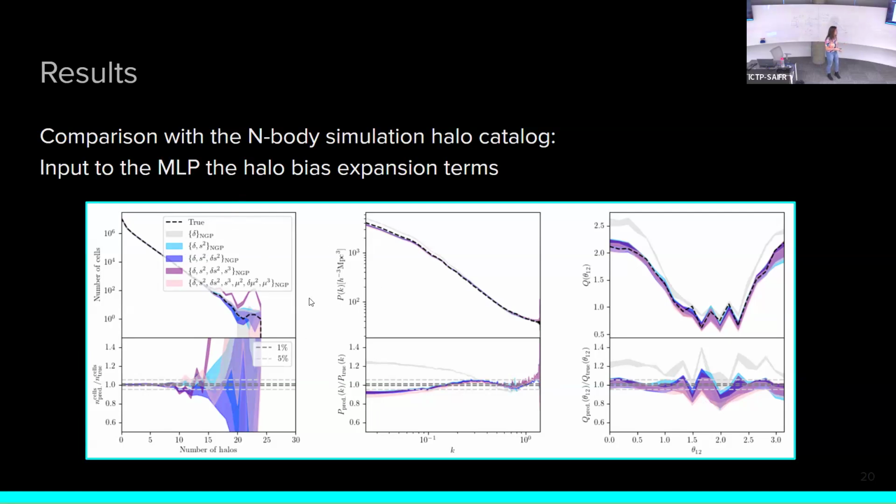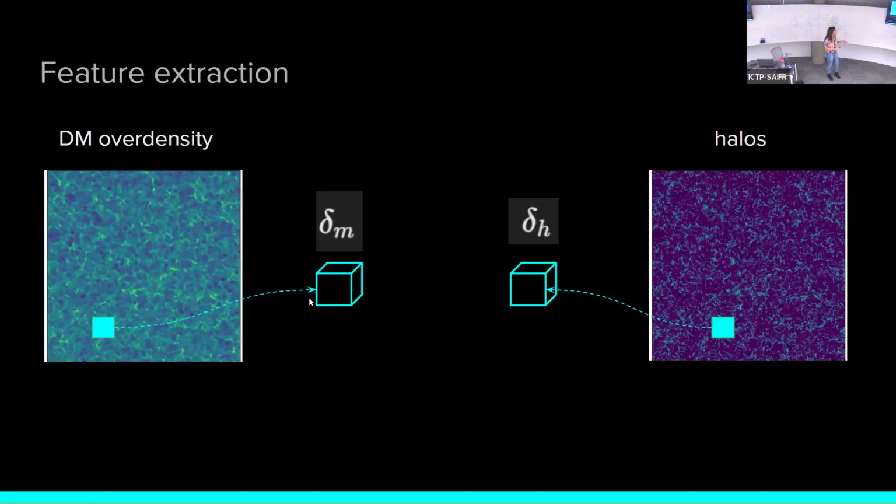This is one way to approach this problem. Another way that I want to comment on is using deep learning, using convolutional neural networks. All that we did so far was computing these dependencies by hand, extracting the features ourselves.